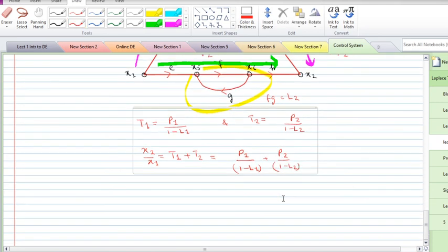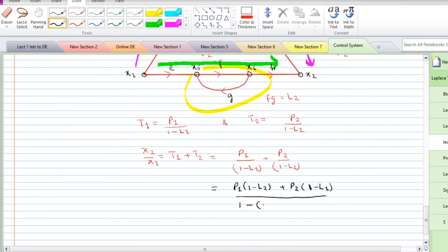Or solving for this, we can reach P1 multiplied by 1 minus L2 plus P2 multiplied by 1 minus L1, divided by 1 minus L1 plus L2 plus L1 L2. And substituting the values for P and L, you can easily calculate the final answer in terms of their transmittances.